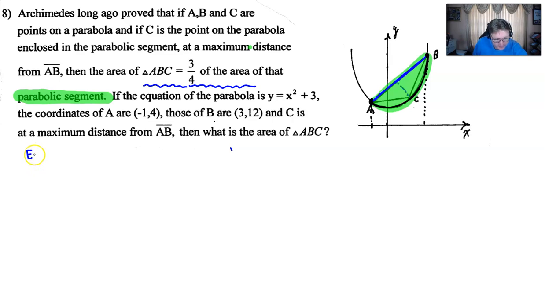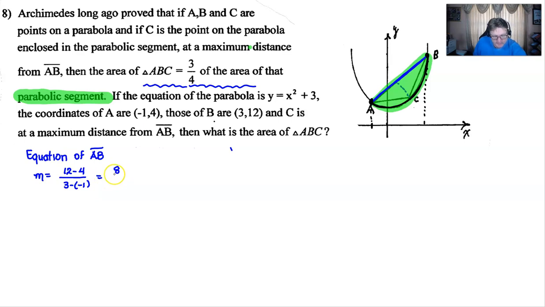So for our equation of AB, we need two ingredients. We need a point and we need a slope. In order to find the slope, we just simply invoke our slope formula, which is going to take the difference of the y values, so in this case 12 minus 4, over the difference of the x values, 3 minus -1.